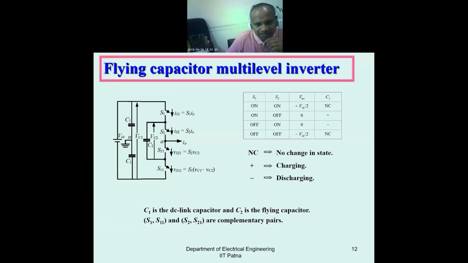And this way, in the flying capacitor, when your S1, S2 are on, then VAN is plus VDC, and when S1 is on and S2 is off, you get 0.